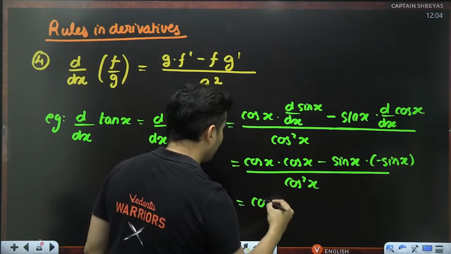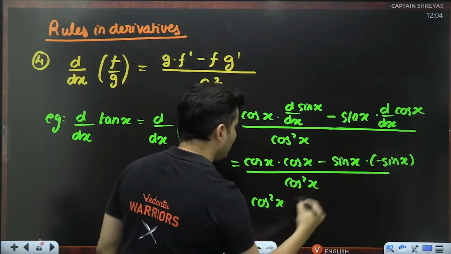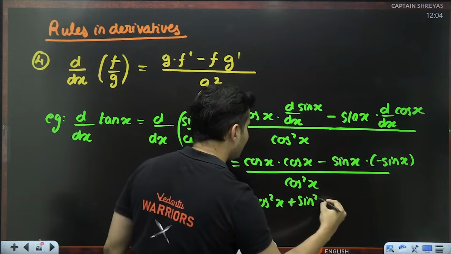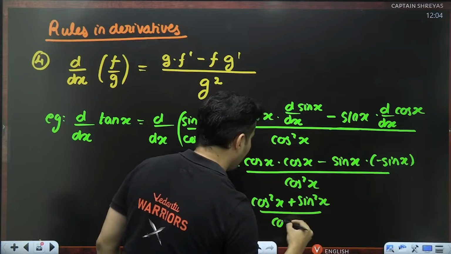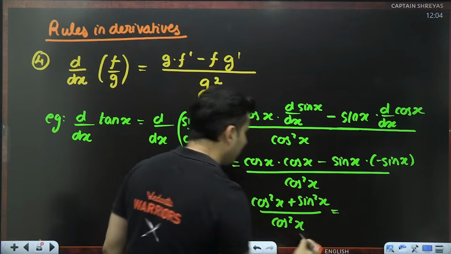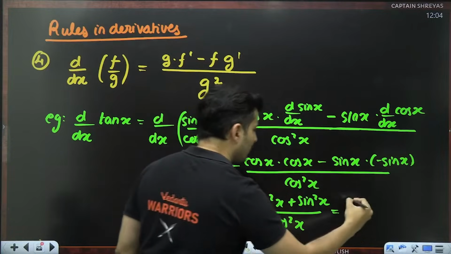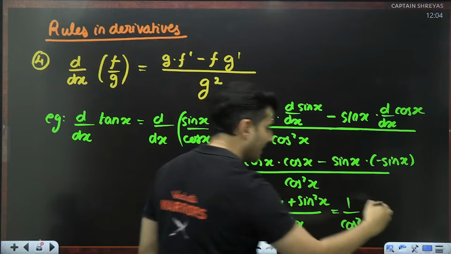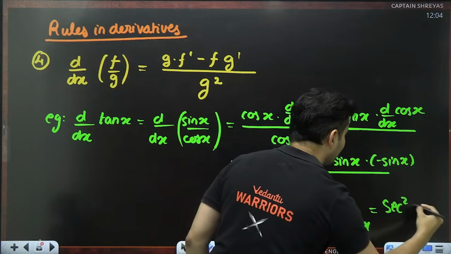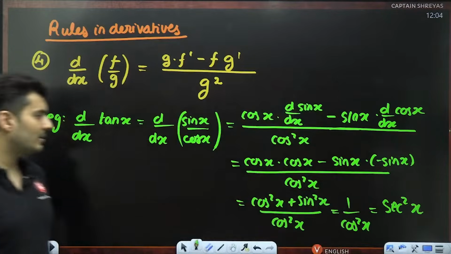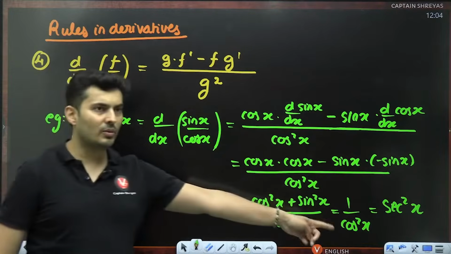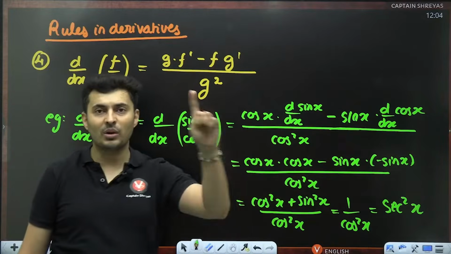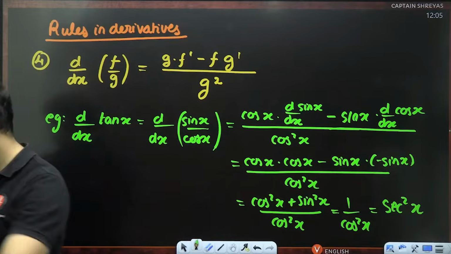This is nothing but cos square x, minus minus will become plus, so this will become sine square x, whole thing divided by cos square x. Interesting, sine square plus cos square is 1, so it will become 1 by cos square x. 1 by cos is sec, so this will become sec square x. That is the answer. So derivative of tan x is sec square x. We got it using the quotient rule or the division rule.